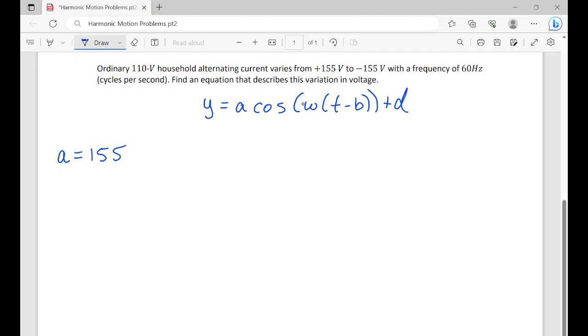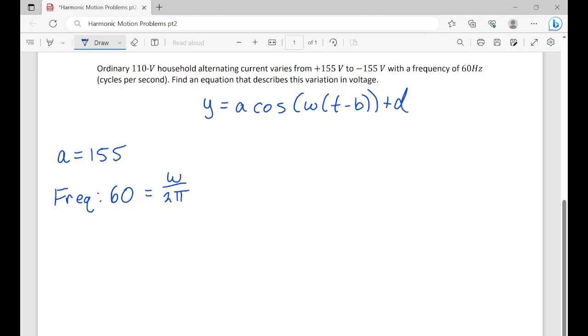But we do need omega. And the only information we have is 60 hertz, which is cycles per second, or the frequency. So the frequency is 60. I'm going to just drop the hertz because I just want the number itself. So 60, and I get 60 for the frequency by having omega over 2 pi.